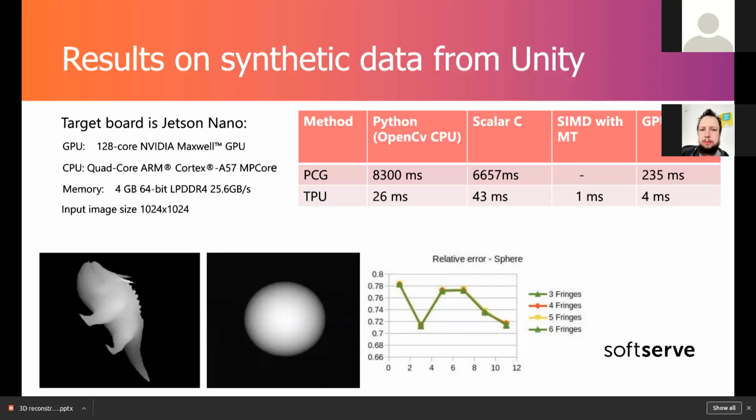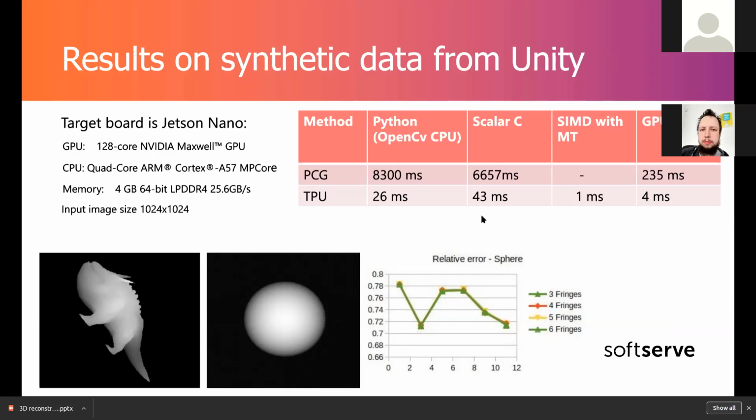For example, our target board was a Jetson Nano with a GPU based on the Maxwell architecture with 128 CUDA cores, and it has an on-board Cortex A57. And actually the result is quite surprising.